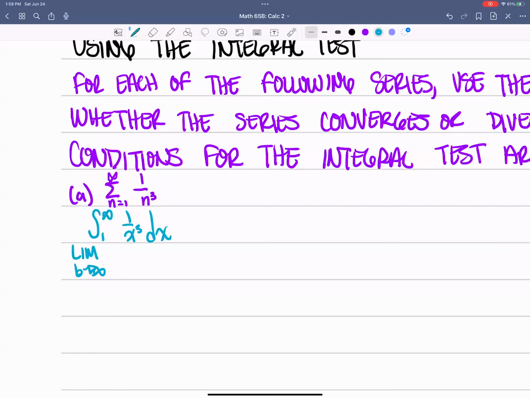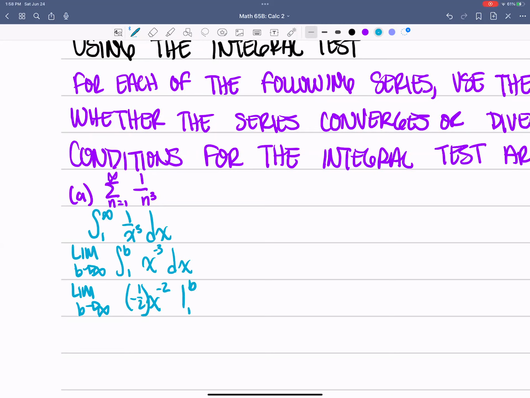So we're going to let b approach infinity and go from 1 to b of x to the negative 3 dx. So the limit as b approaches infinity of x to the negative 2, multiplied by negative 1 over 2, evaluated from 1 to b.